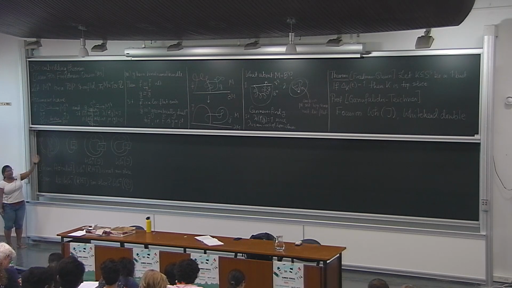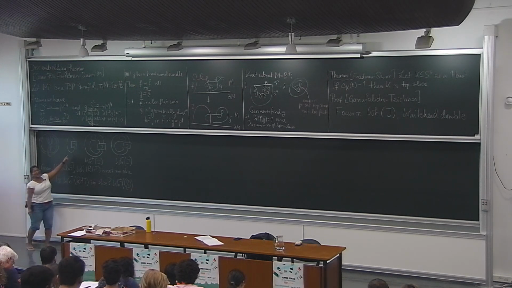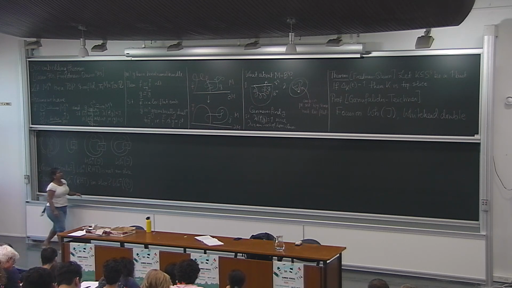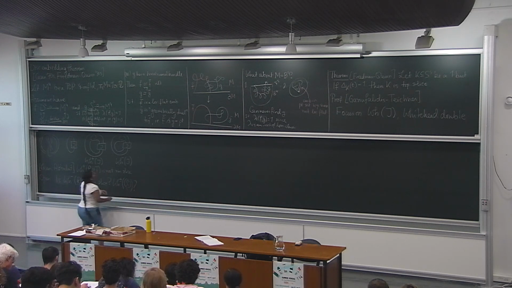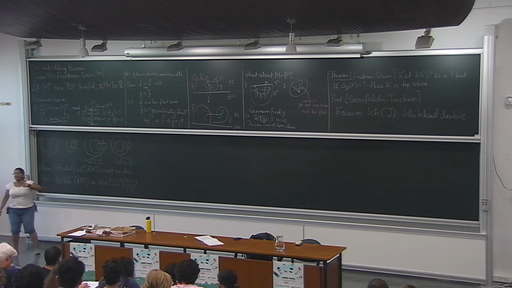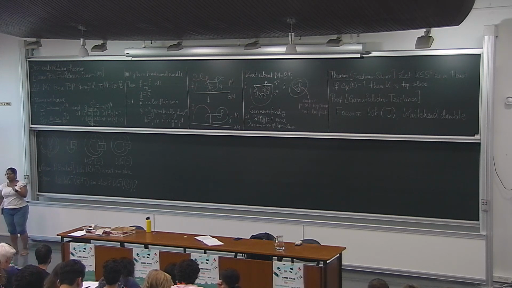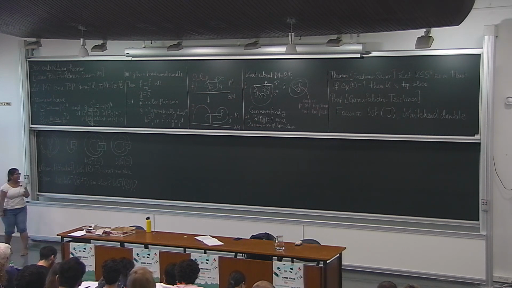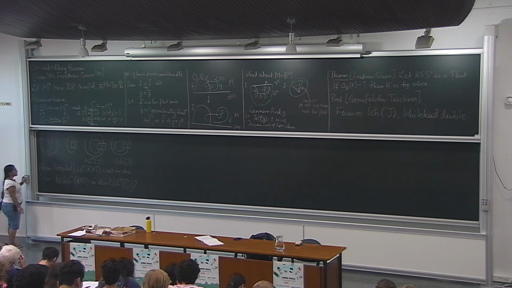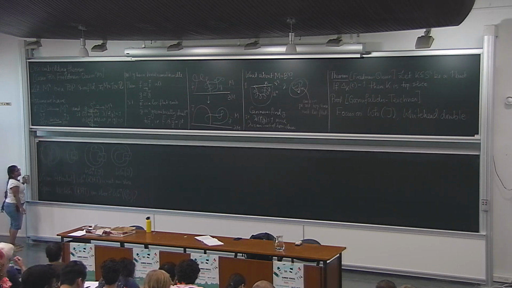But topologically, all of these Whitehead doubles are topologically slice, because all of them happen to have trivial Alexander polynomial, which is easy to compute, and you're welcome to do it. What will help you in doing that is the following fact.